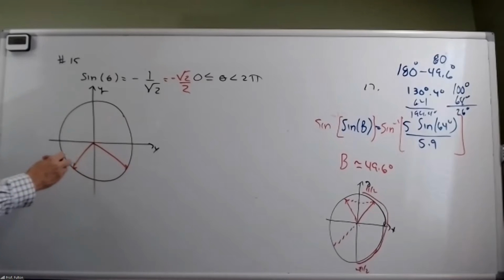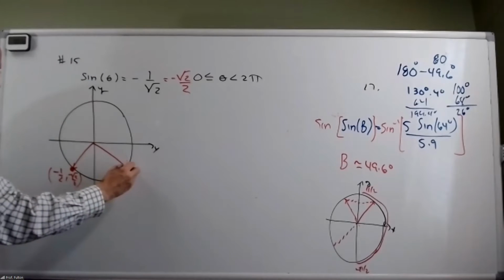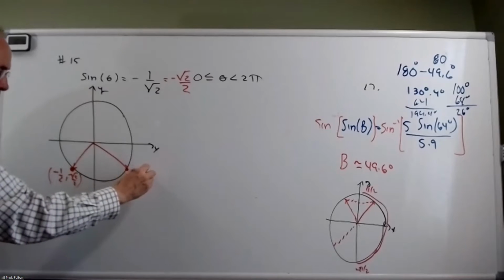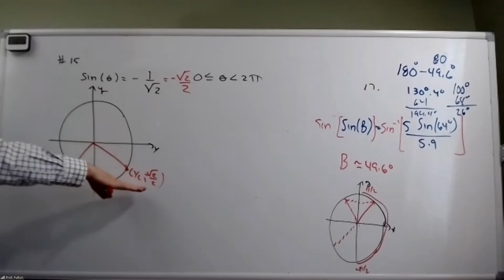Those are the two angles. Because over here, my x coordinate is minus 1/2 on this side, and minus the square root of 2 over 2, or minus 1 over the square root of 2. This is positive 1/2, and this is plus, minus the square root of 2 over 2. The y coordinate is negative.